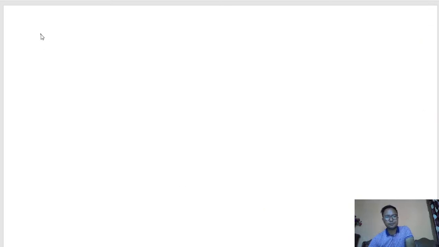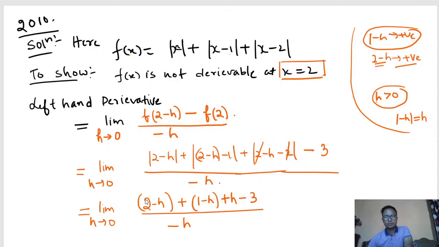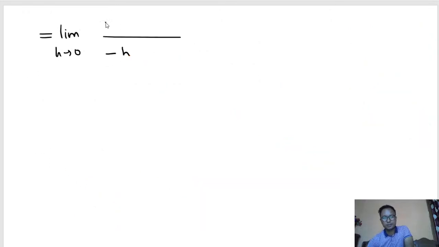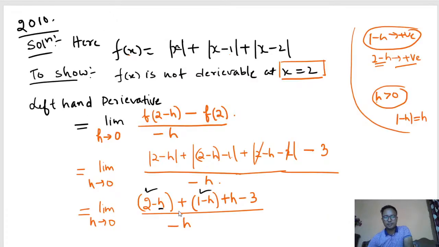So limit h tends to 0. Now 2 plus 1, so we will get 3. Now how about here, minus h and plus h?